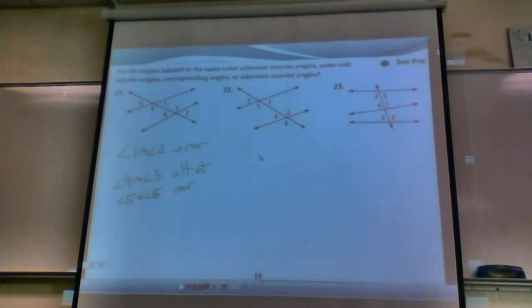Over here, assuming it's the same, right? 1 and 2 are which one? Same side interior. 3 and 4. Corresponding, and then 5 and 6. Corresponding. And then over here, 1 and 2, you get the corresponding.